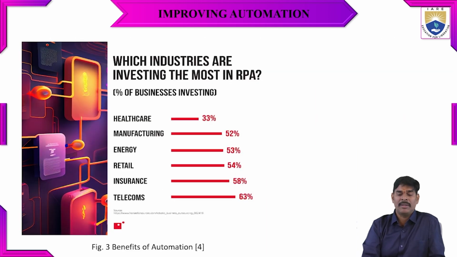And here in this picture, we can see where these industries are mainly investing the most in RPA, that is robotic process automation, in each and every sector. In healthcare they are using 33% automation tools, and in manufacturing 52%, whereas in energy 53%. In retail they are using 54%, in insurance 58%, and in telecoms 63%.